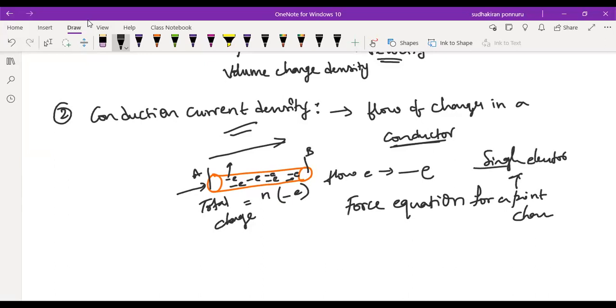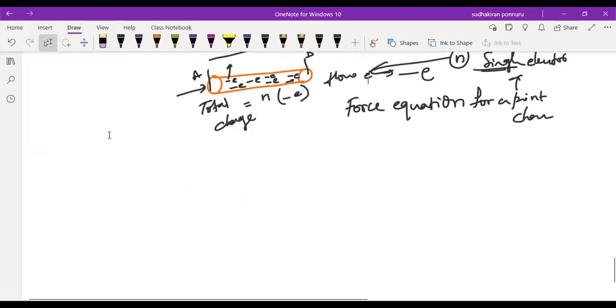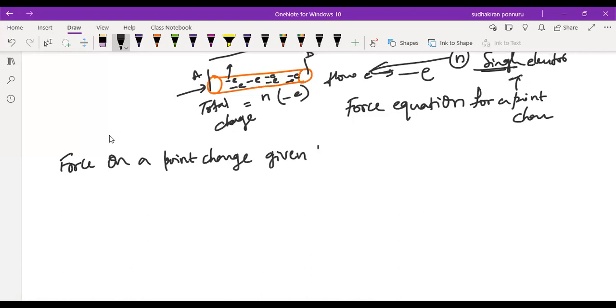If you multiply this single electron by n, we can relate it to the total conductor. Therefore, we will start with a single electron and later relate it to the number of electrons. So the force equation for a point charge, which we are already familiar with: the force on a point charge is given by Coulomb's law.